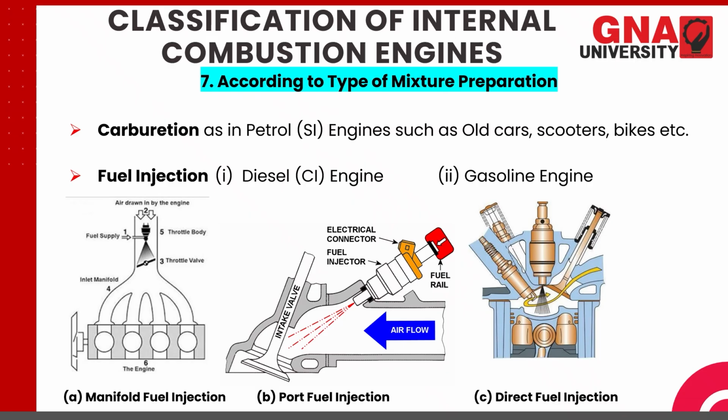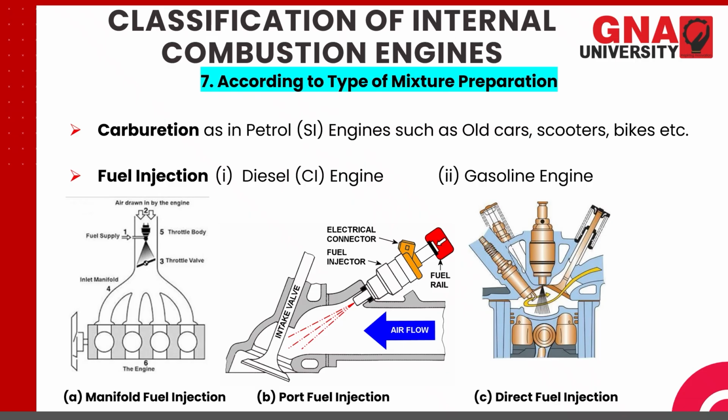So the air enters this manifold pipe and it is sent into the individual cylinders through this throttle valve. Now fuel is supplied by the injector from here so that it is uniformly distributed and it mixes with the air and is then distributed to all the 4 cylinders.